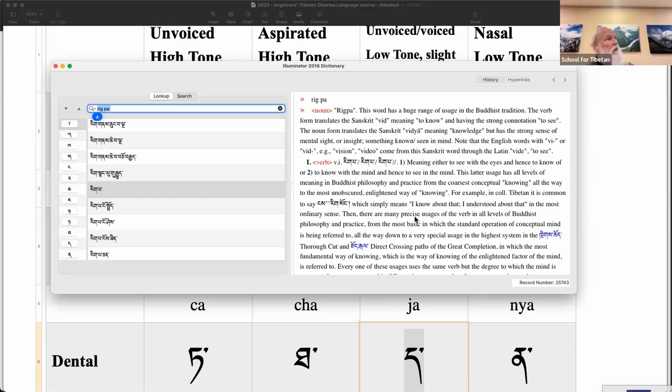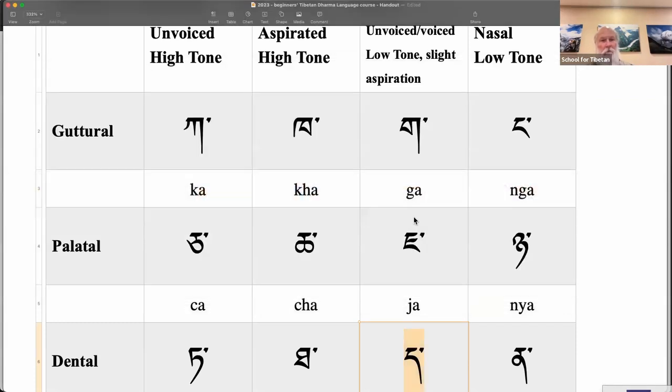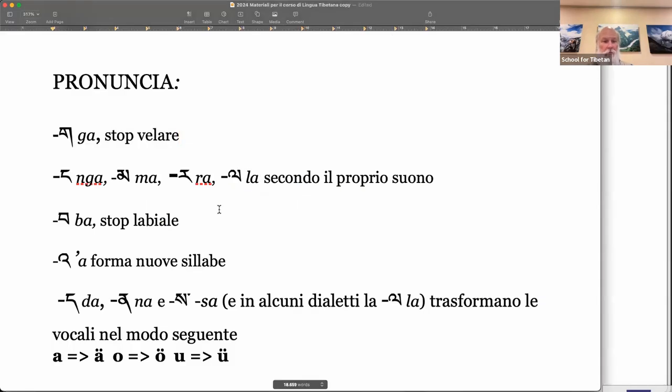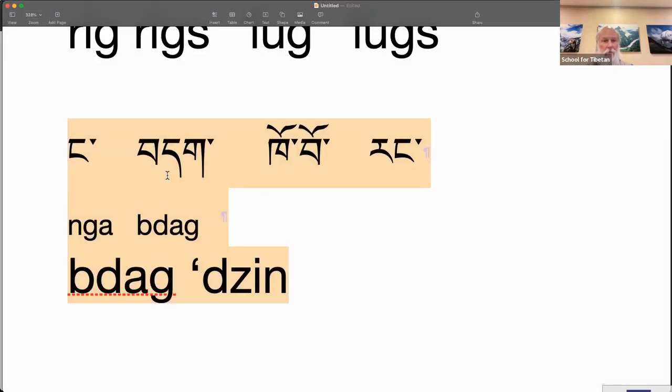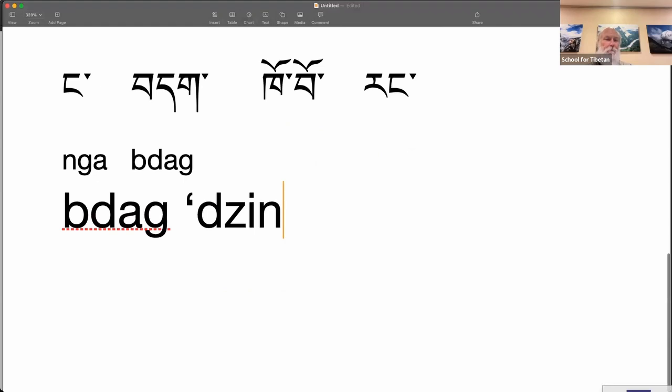For example, the word Tugje. Tugje, in general, is the translation of the Sanskrit word karuna, which means compassion.